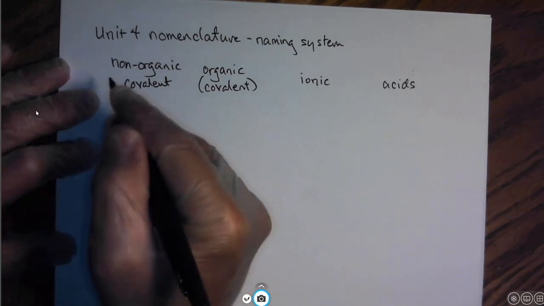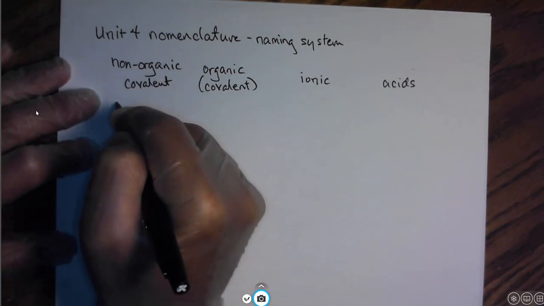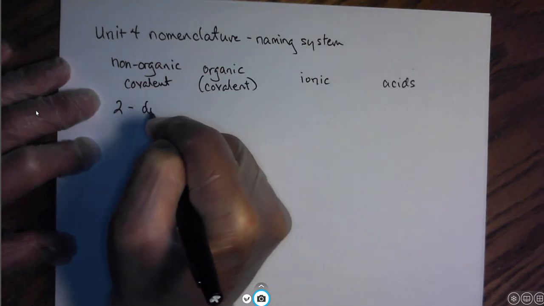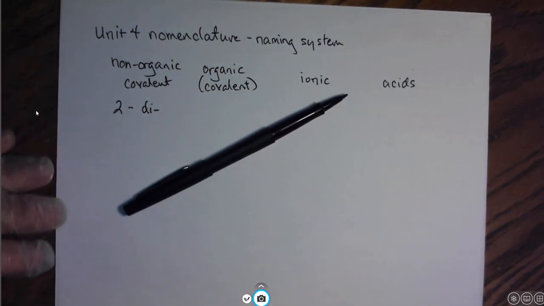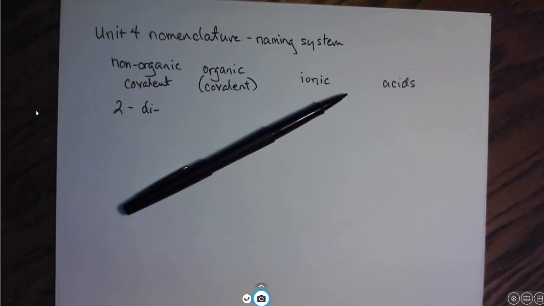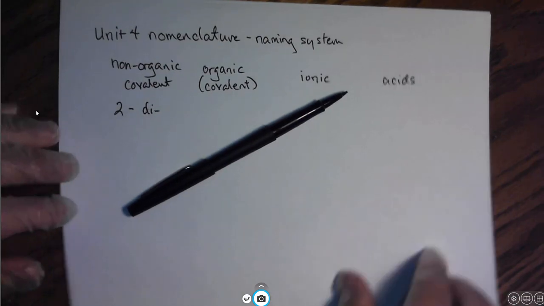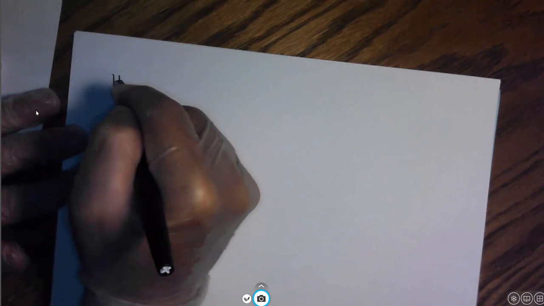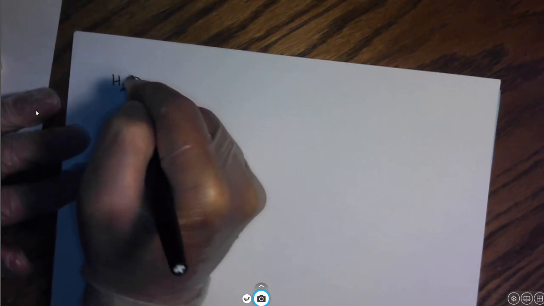But the prefix for 2 is di. That's the one we use. There's actually more than one prefix for 2. You could use bi, but we only use di for this stuff. So, for example, what do we normally call this?